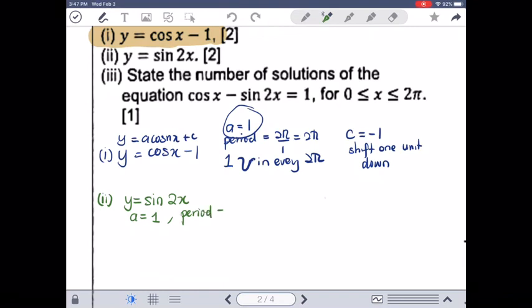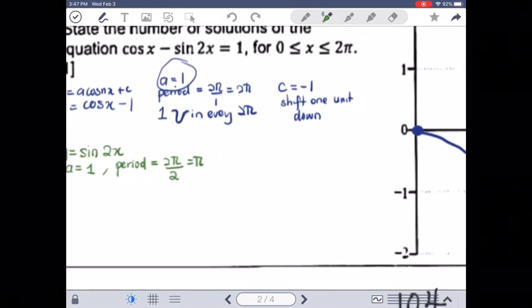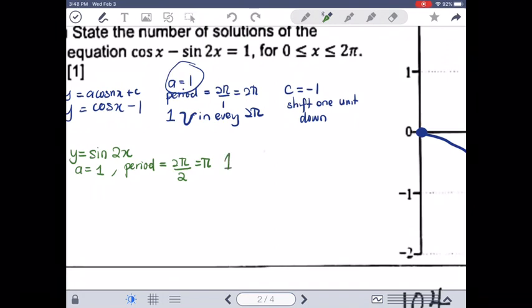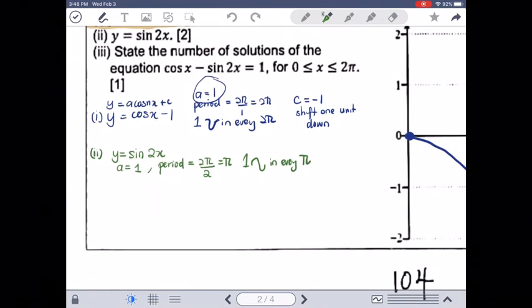And our period is equal to 2 pi over 2, which is just pi, which means that we will have one cycle of sine in every pi. And there is no shift; c equals 0 means no shift.